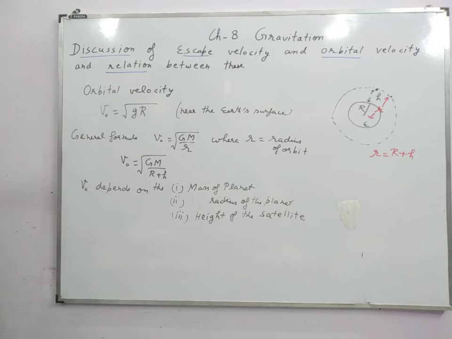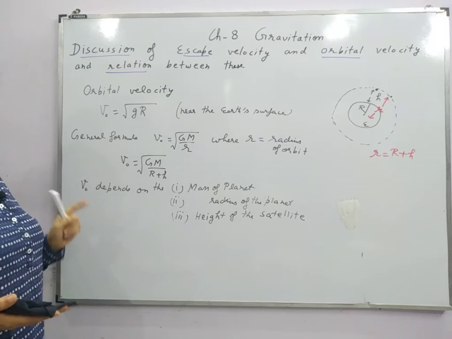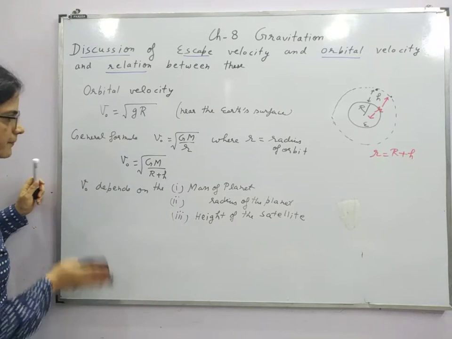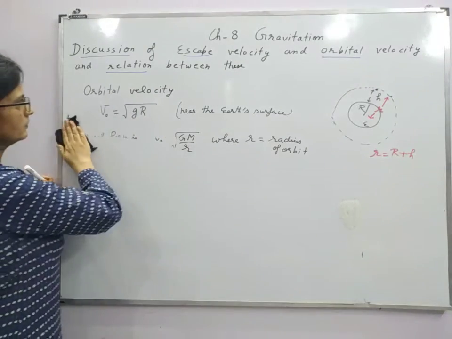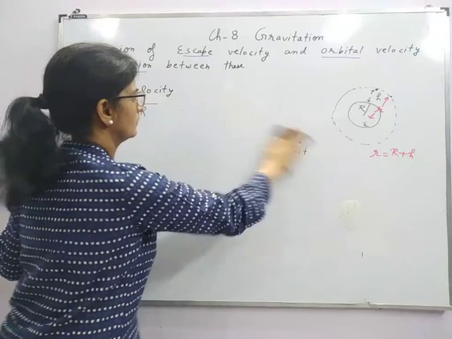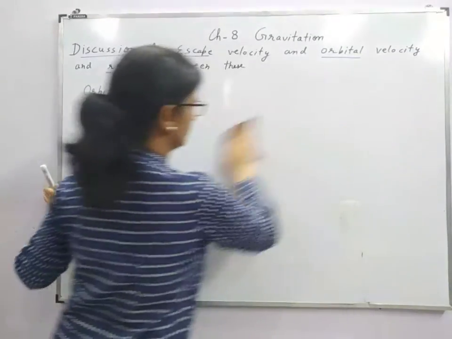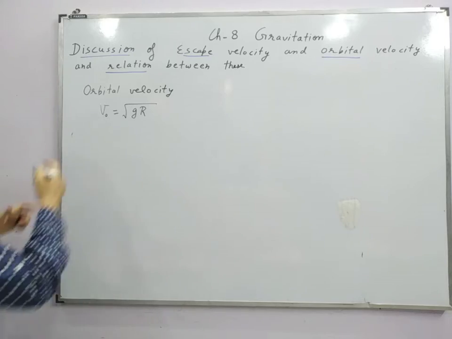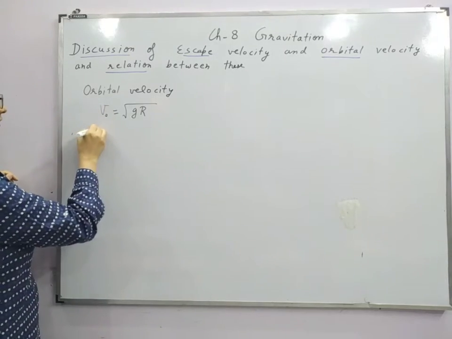Now we can take these two formulas of escape velocity and orbital velocity, and we can compare what is the relation between the two near the Earth's surface. So this is orbital velocity already written.